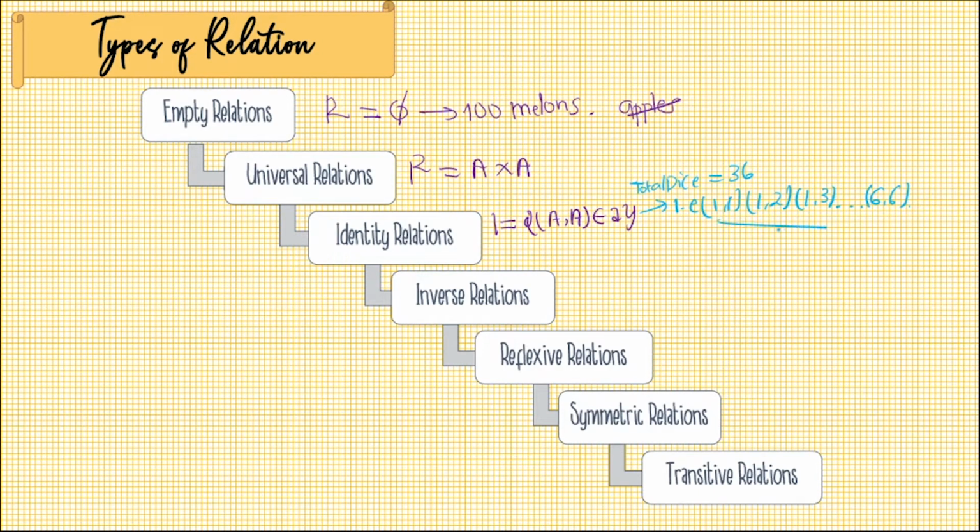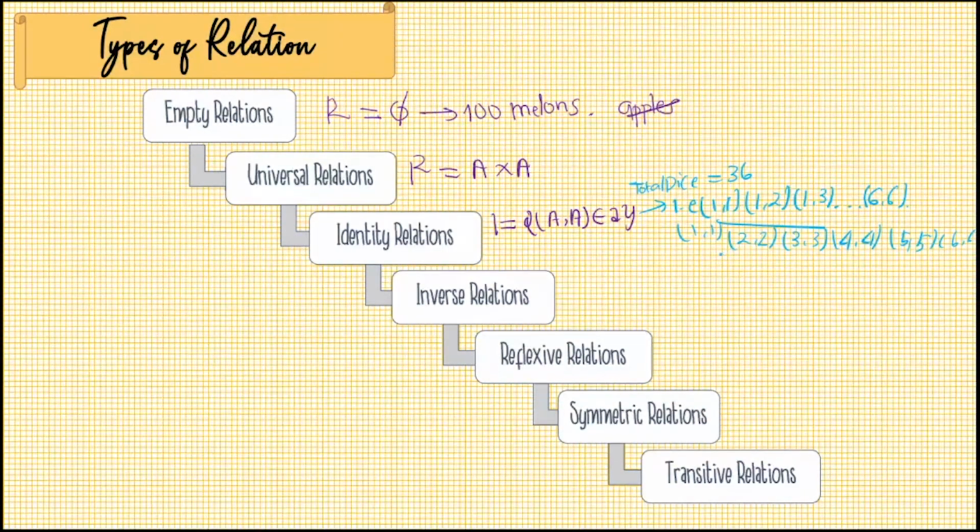From this, if we consider the relation 1,1; 2,2; 3,3; 4,4; 5,5; and 6,6, it is an identity relation.